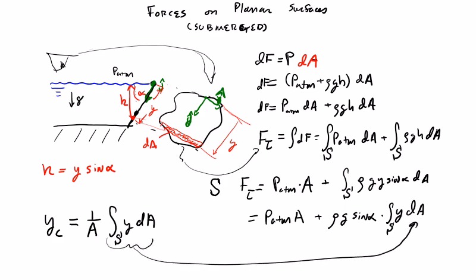Right there. Okay? So I can rewrite now that the total force is going to be PATM times A plus rho g times sine alpha, times the position of the centroid times the area.